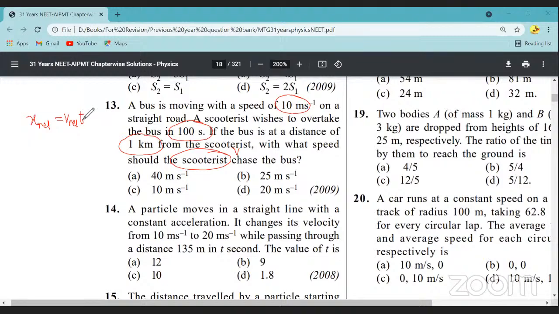Just as for one vehicle it is x equal to vt, for two vehicles it is x relative equal to v relative t. So x relative is 1 kilometer, v relative is v minus 10, t is 100. So v minus 10 equals 10, so v equals 20, option D.